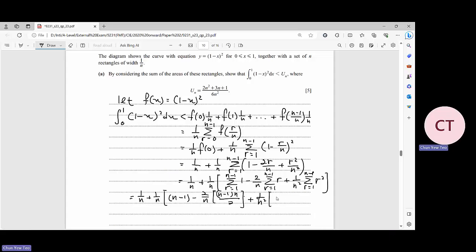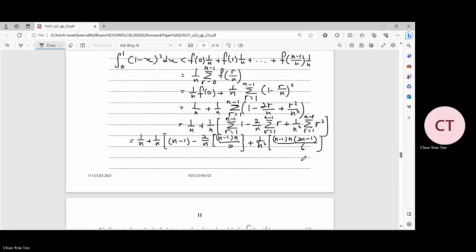This one is a n minus 1, n. So 2n minus 1 divided by 6. Okay. So what you need to do now is to expand them and factorize it out.